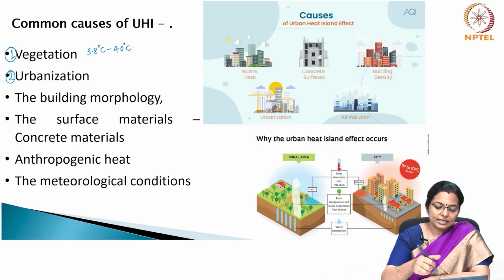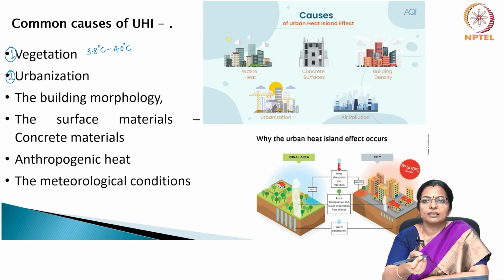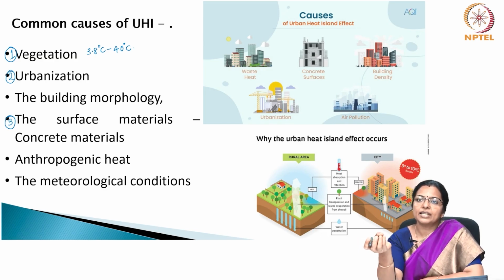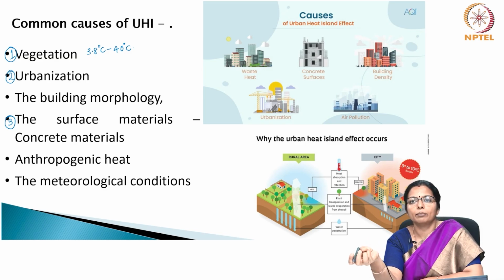The third one is the surface materials. In addition to applying a few planning strategies and optimizing building morphology, the surface materials of walls, roofs, pavements, and other structures have properties like thermal emissivity, solar reflectance or albedo, heat storing capacity, etc., that can influence the formation of urban heat islands in urban areas.